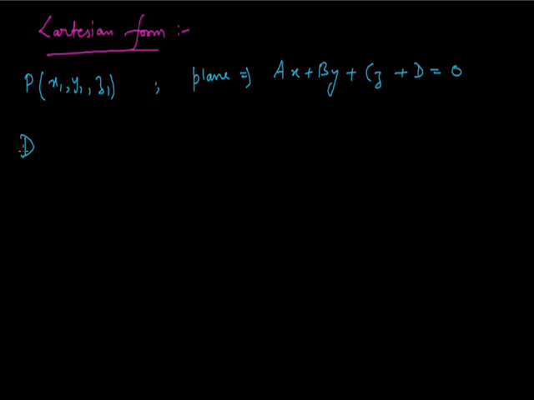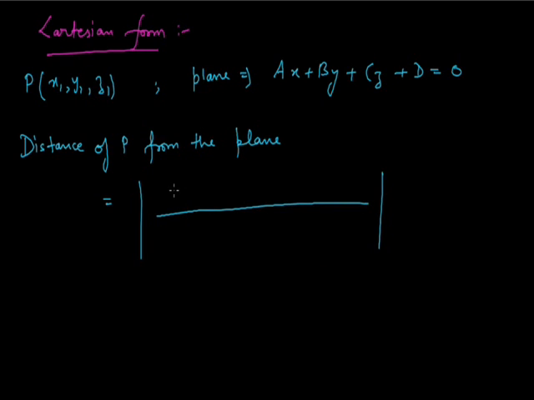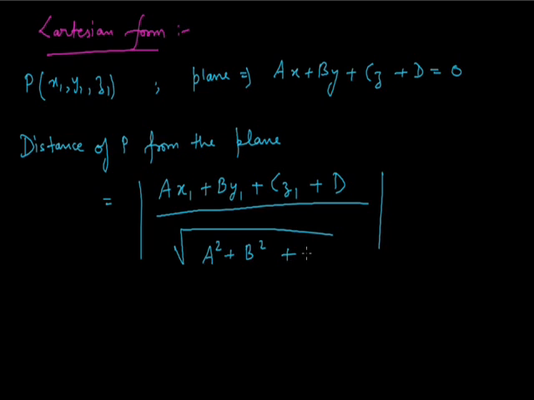Then the distance of P from the plane is going to be mod of, put x1 in place of x, y1 in place of y and z1 in place of z. You will get ax1 plus by1 plus cz1 plus d, whole upon under root of a square plus b square plus c square.